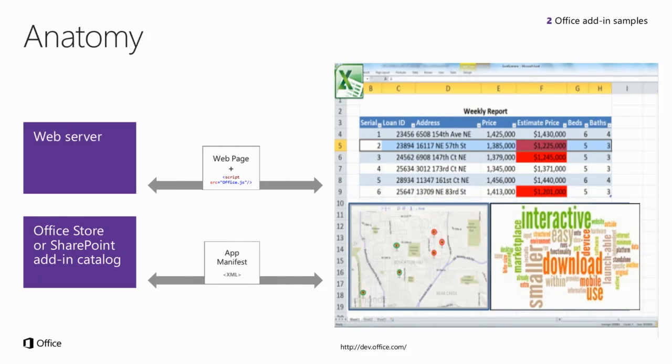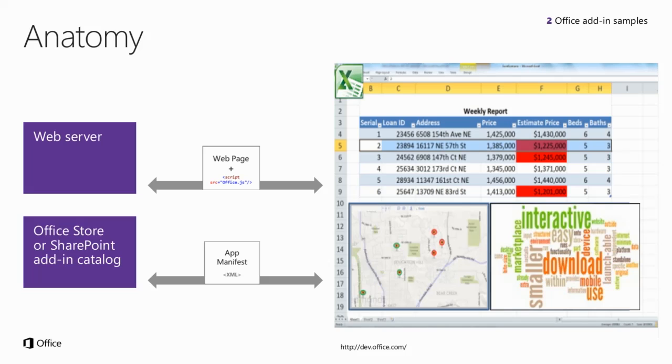Okay. Now here you can see the anatomy, and we'll see this in more detail as we create a quick sample. For example, here is Excel, with an add-in to display some mapping information, or maybe a tag or word cloud. The user inside of Excel goes to the Office store or some local repository and downloads what is called the app manifest, this XML file.